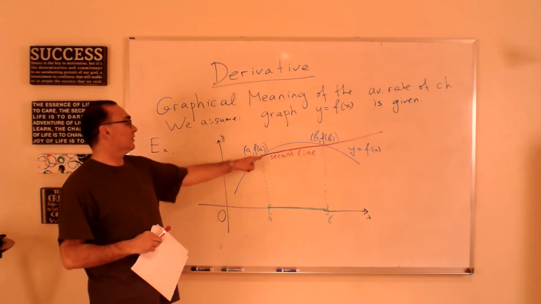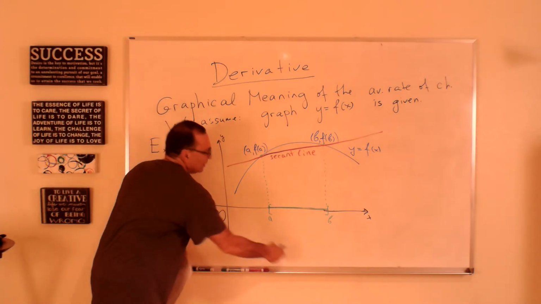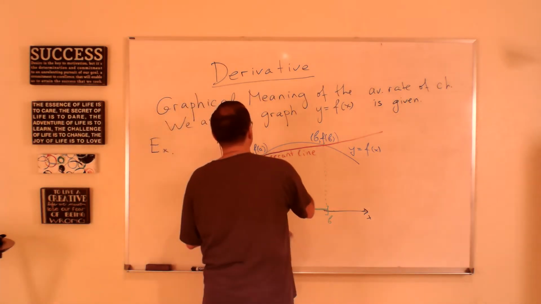Now, why do I need the secant line in this picture? Because the next thing I want to do is calculate the slope of the secant line.